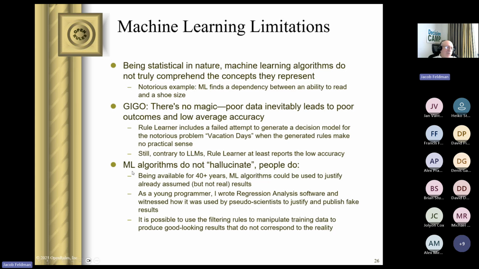And I also want to stress that machine learning algorithms do not hallucinate. People hallucinate, that's true. For example, I remember when I was a young programmer and built regression analysis software for my research company, we had PhD-level scientists, whom I call pseudoscientists. They used my software to justify results they already expected.